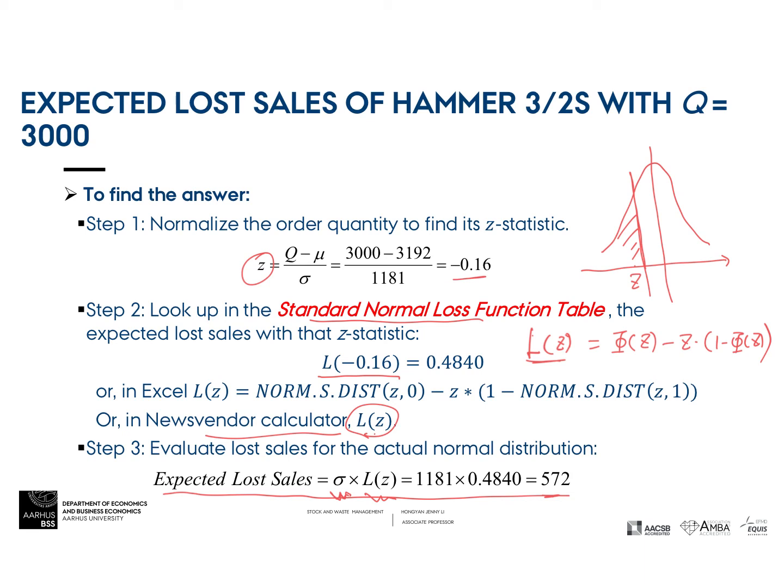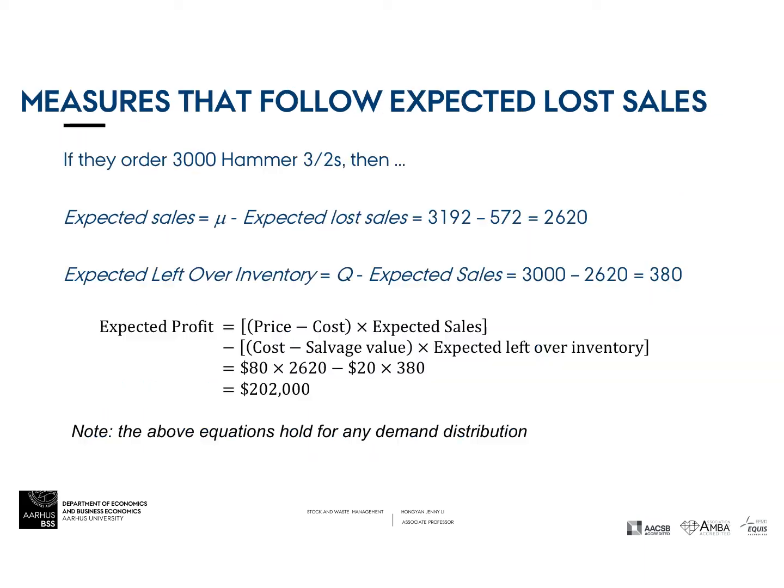The difficult part is how to calculate capital L of zeta. We call it the normal loss function. It's not necessary that you know about that. Following the expected lost sales calculation, we can calculate expected sales and expected leftover inventory.